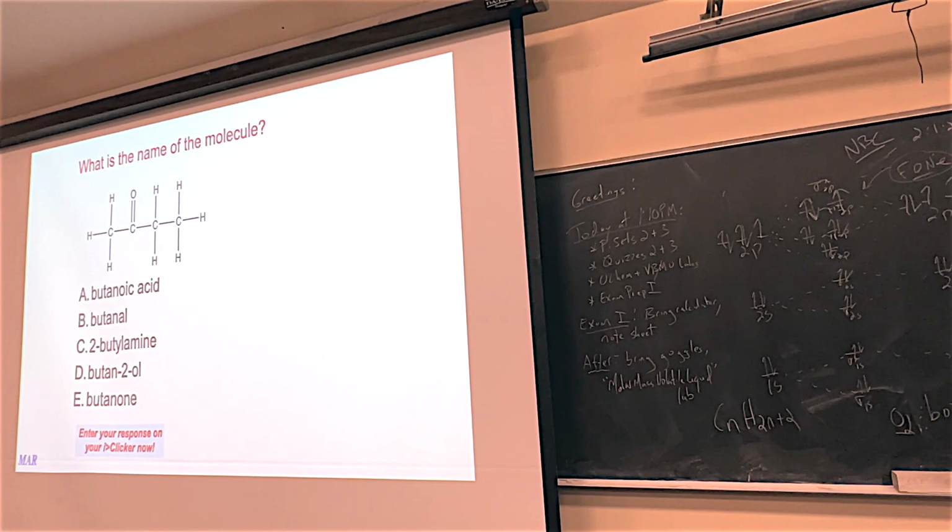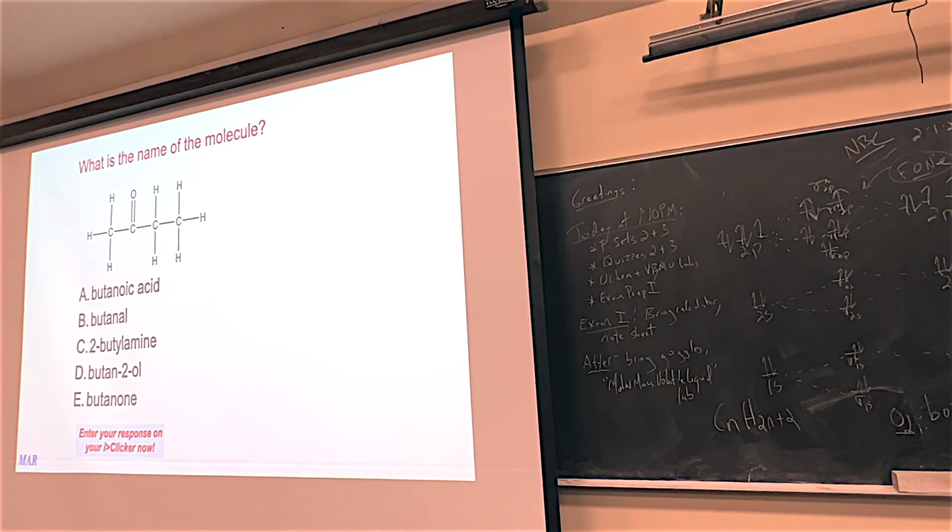And an amine is a nitrogen-containing organic chemistry compound. No nitrogen, so it's not going to be 2-butylamine. So the remaining pieces will either be an alcohol, thanks for playing, an aldehyde, which has an AL ending, or a ketone, which has an ONE ending.